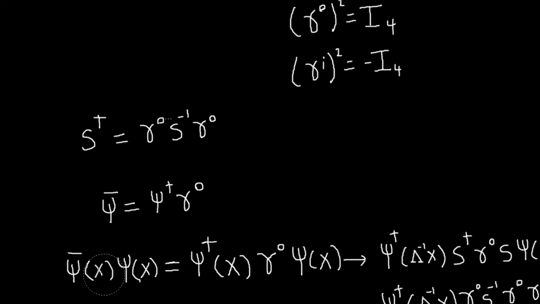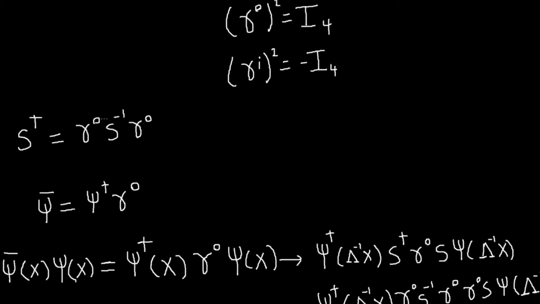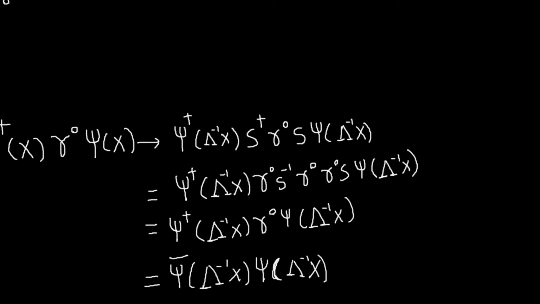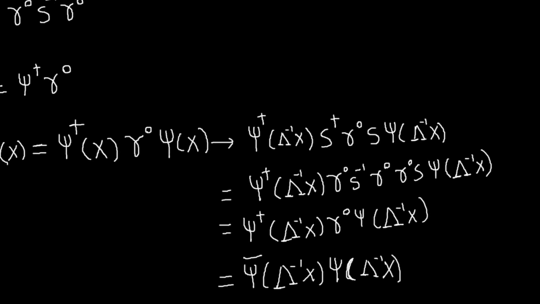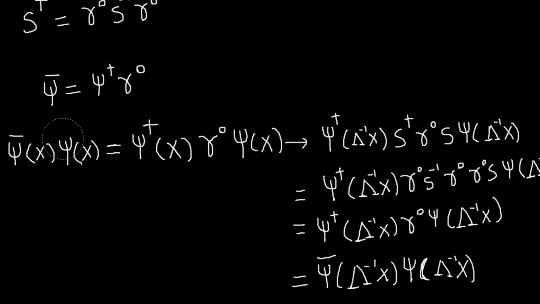And this product of psi bar psi, if you look at how that transforms under a Lorentz transformation, you see that it transforms as a Lorentz scalar. So what that means is we can have this product in our Lagrangian, and that is safe to have. That will ensure a Lorentz invariant theory.